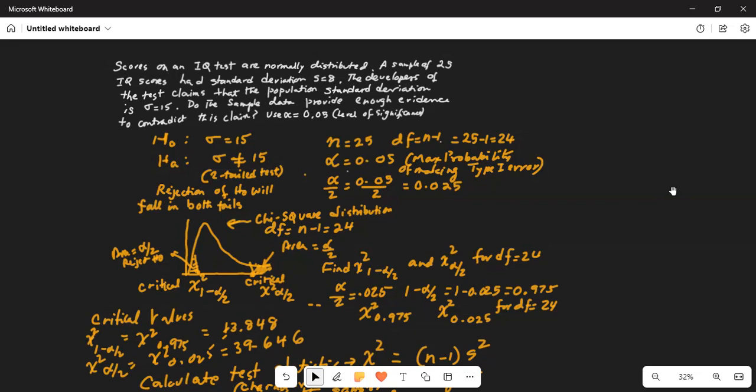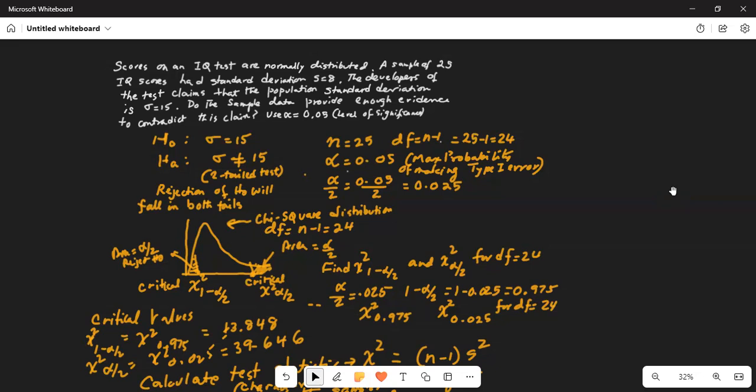Now, the critical value to the left of which the left tail area is alpha by 2, but chi-squares are indicated by the area to the right of it. So in this case, because the left tail is alpha by 2, the area to the right of this critical value on the horizontal axis is chi-square 1 minus alpha by 2.